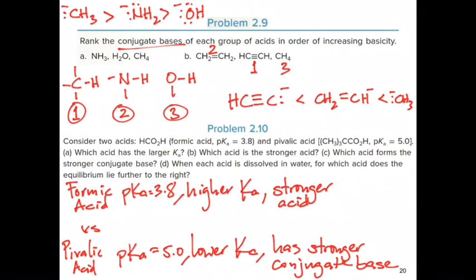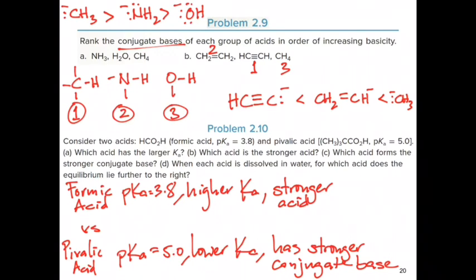You have a double arrow. The reaction is going in the forward direction, and at the same time, it's also going in the reverse direction at equal rates. And so when it says equilibrium lies further to the right, that means you're creating a lot more products than reactants.